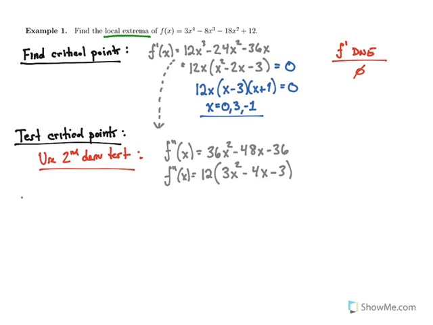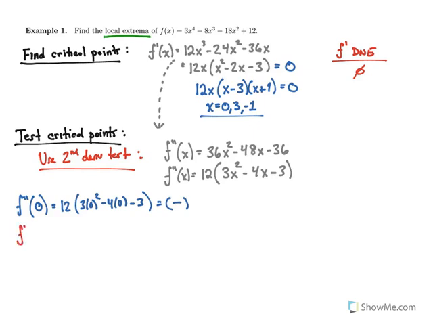So this is going to be our second derivative that we're going to work with. I need to plug in the 3 values, 0, 3, and negative 1, into the second derivative, and then see if the resulting value is positive or negative. In this case, for 0, we get a negative 3 inside the parentheses. This is all going to be negative. I don't care what the actual value is, just the sign.